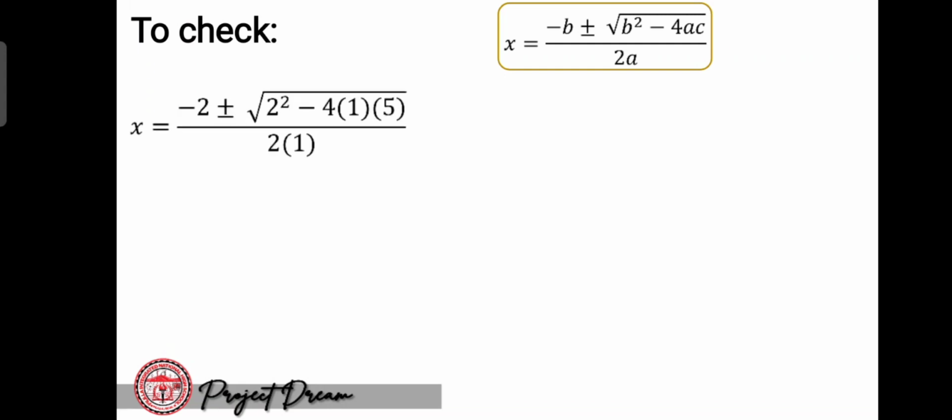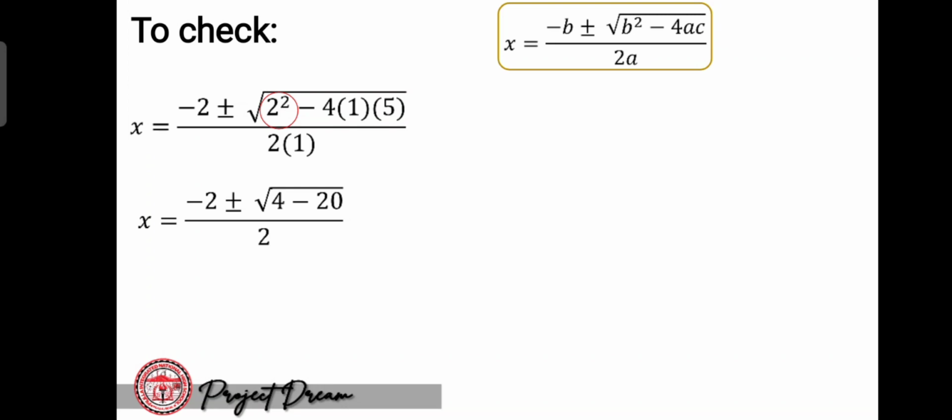So it becomes x is equal to negative 2, either positive or negative square root of 2 squared minus 4 times 1 times 5 all over 2 times 1. So it becomes x is equal to negative 2, either positive or negative square root of 4.